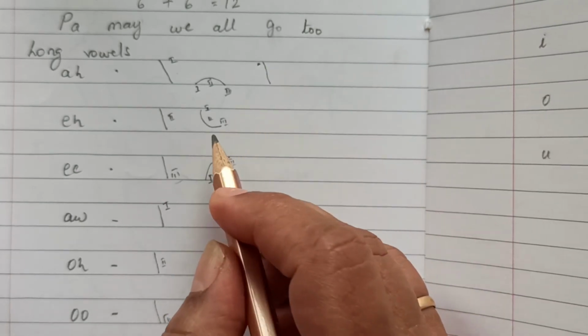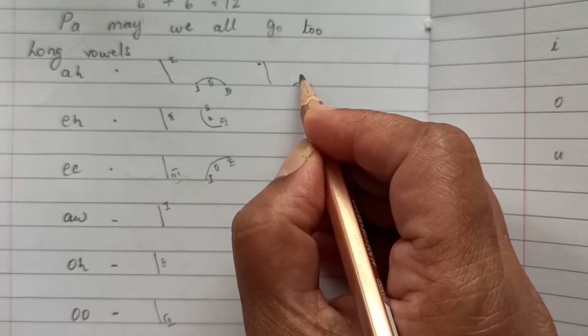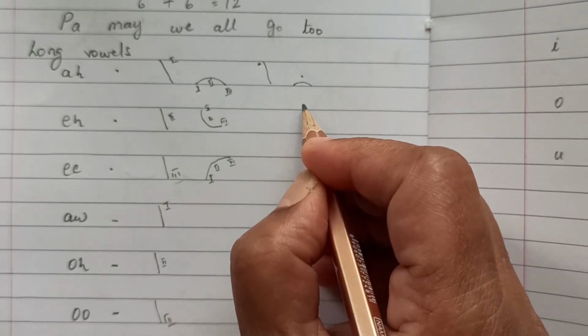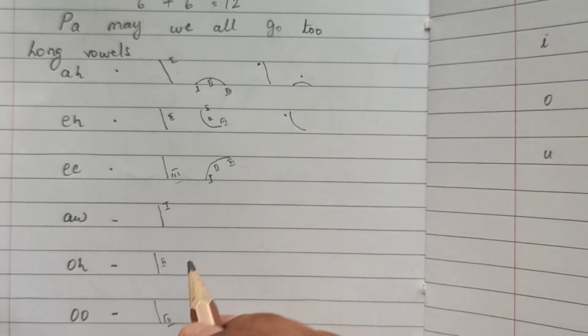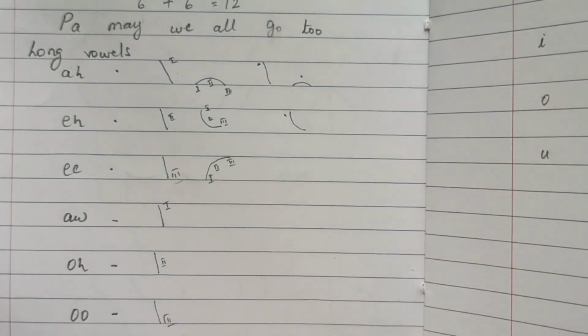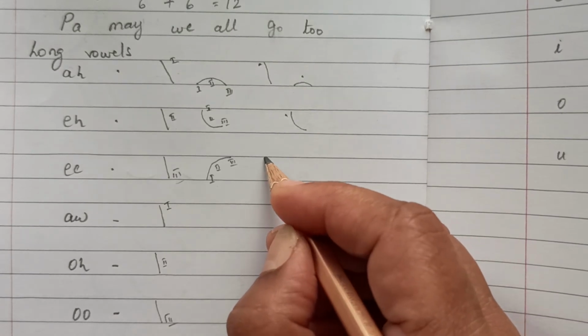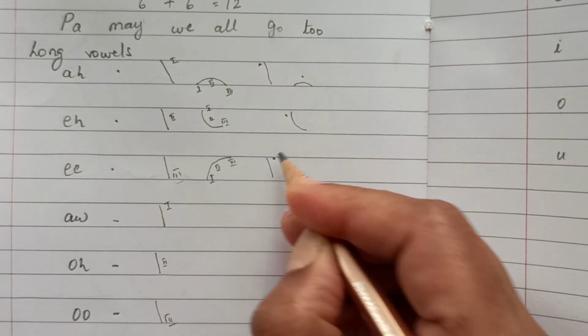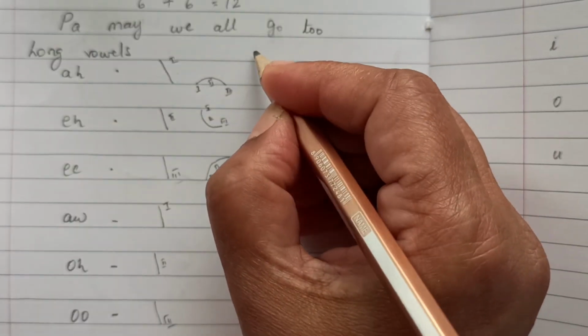And for the horizontal stroke, it should be placed above. And for the curves, it should be placed, again, on the left side. Suppose your vowel follows a consonant, then first a consonant and followed by a vowel which will be placed on the right side.